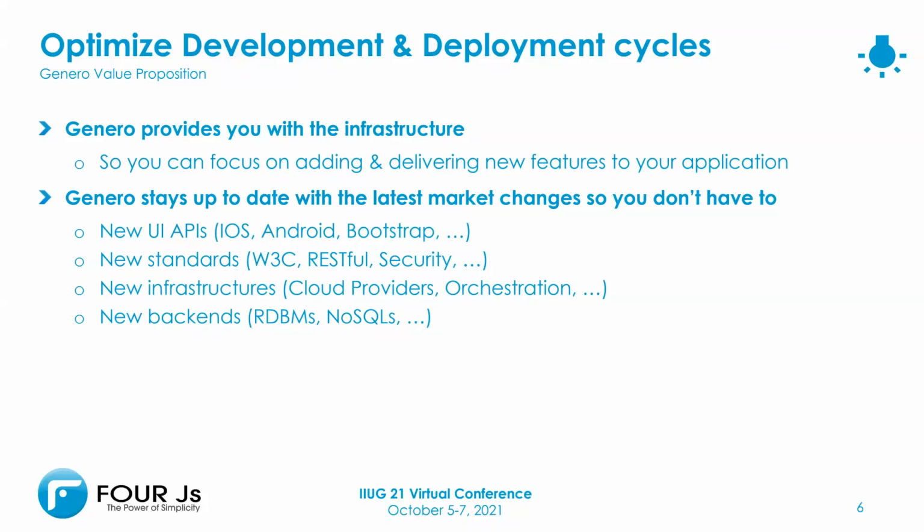We are very good at adding features every step of the way. Every new release comes with features that are based also on market changes, so you don't have to deal with that. So again, new UIs, new web technologies, new standards, W3C, RESTful, new infrastructure like new cloud provider capabilities, new backends.